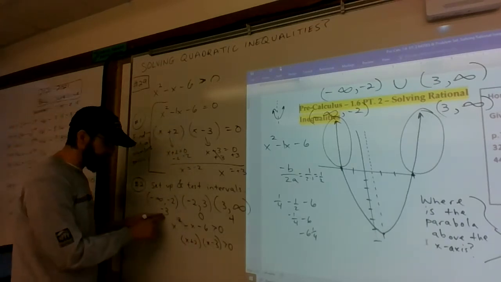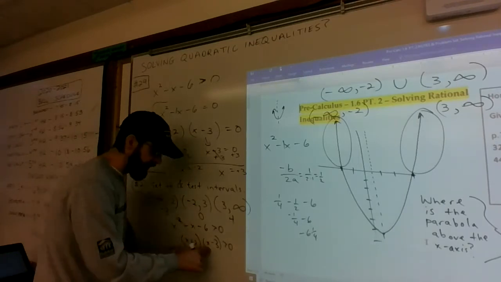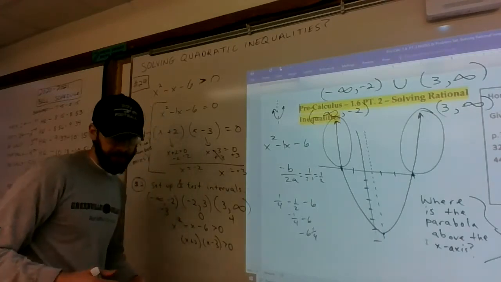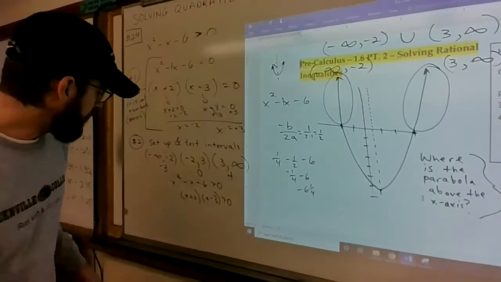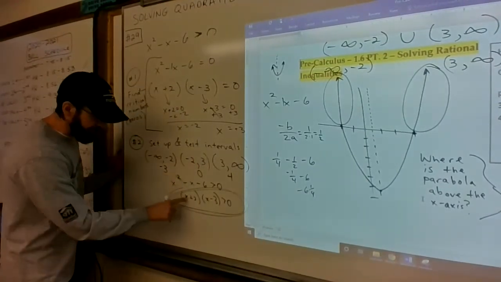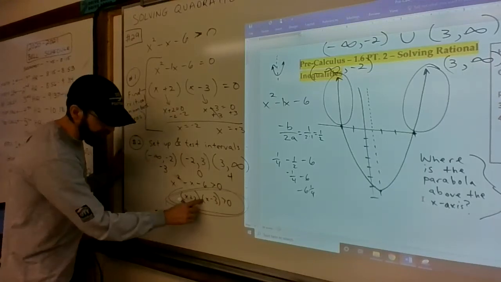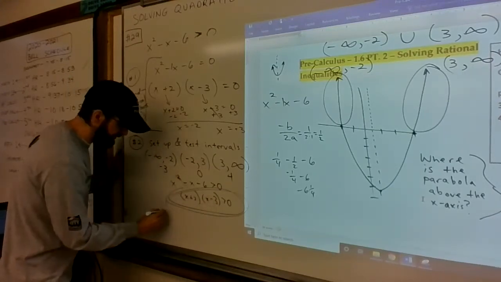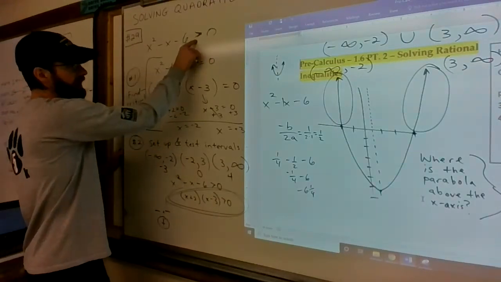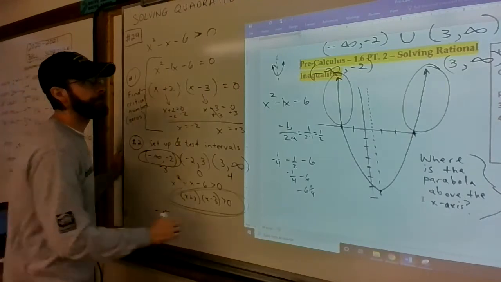Then we can just plug the negative 3 in here, plug the negative 3 in there, and it's like we've got a positive number times a negative number, or whatever the case may be. So plugging in, negative 3 plus 2 is a negative number. I'm multiplying it by negative 3 minus 3, which is a negative number. That's positive. We want greater than 0. This is a part of the solution set.